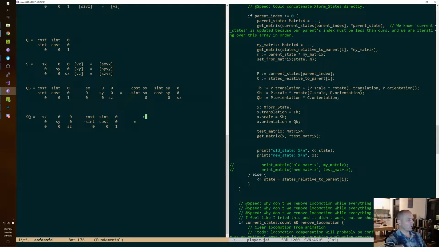This is cosine theta. I should have just said C and S because most of this is useless characters.